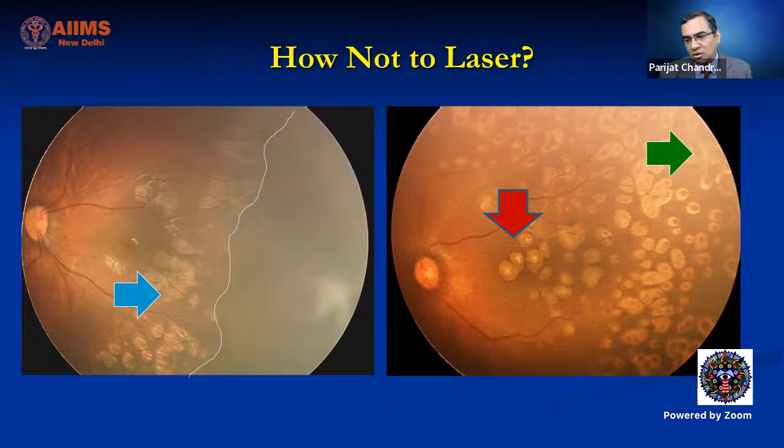This is something which is not to be done. The laser marks are there for life, and this can lead to potential medico-legal cases. So we need to laser with care, so that we don't end up in this kind of problem and don't create an iatrogenic decrease in vision. Whereas in this case, it's a zone 2, and very easily the disease could have regressed just by laser in the anterior avascular segment alone.